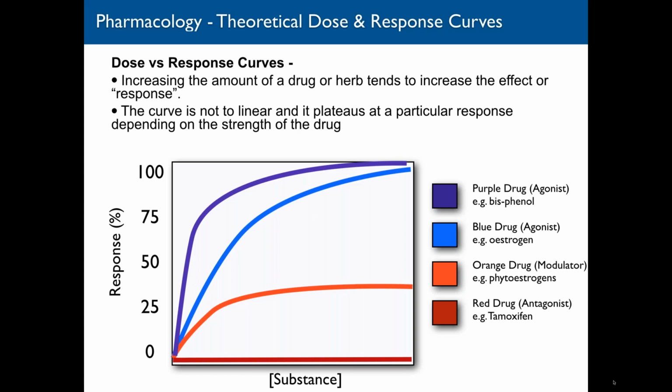Now, most herbs fall in this orange line where they're not as powerful as the purple thing, but they're also not as dangerous. So you won't necessarily get the same side effects, but you also don't get the same effects.